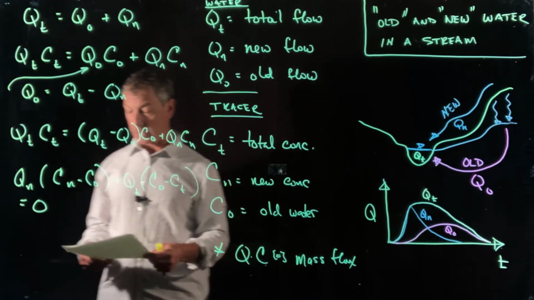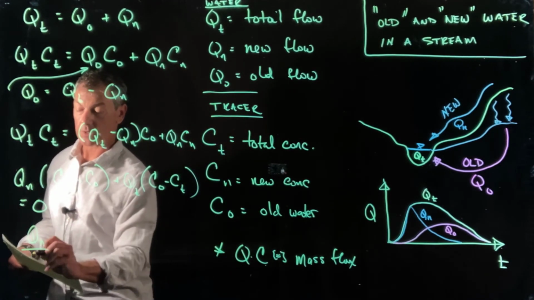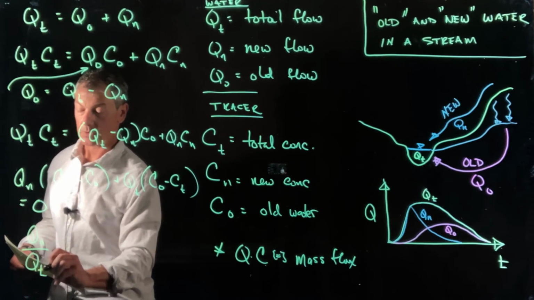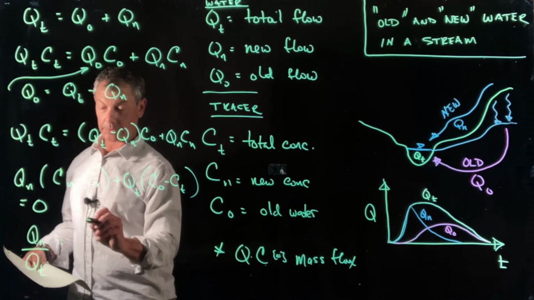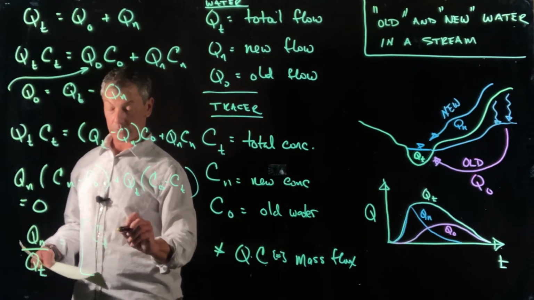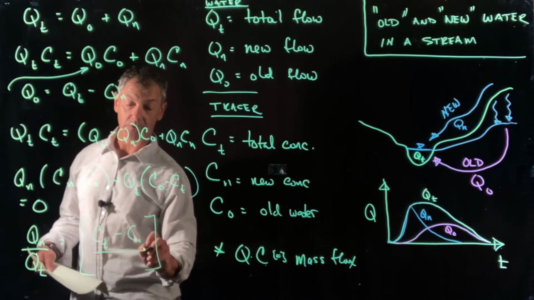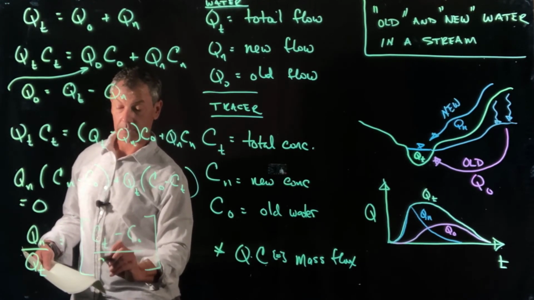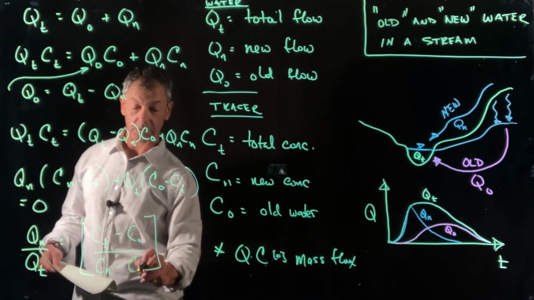So now I can find the ratio of new water over the total water flow, and that is simply equal to the concentration of the tracer in the total flow minus the concentration in the old water, divided by the concentration of the new flow minus the concentration in the old water.